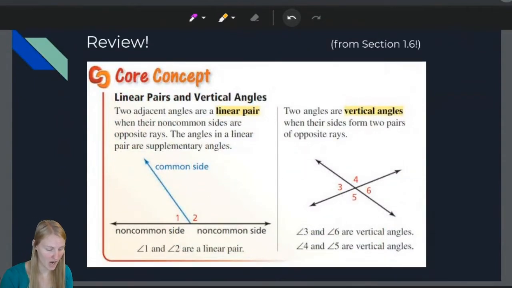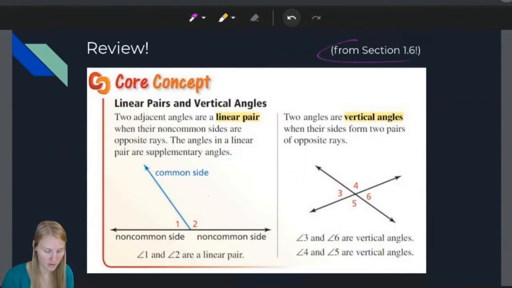First, we're going to do a tiny little review from section 1.6. Remember from section 1.6 that two adjacent angles are a linear pair when they share a vertex and they share a side.